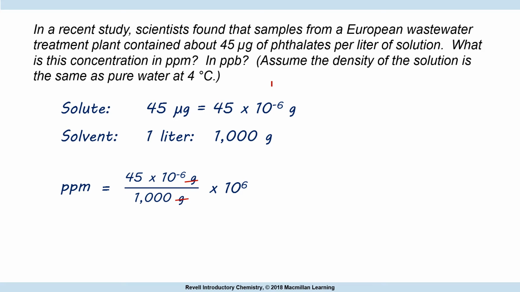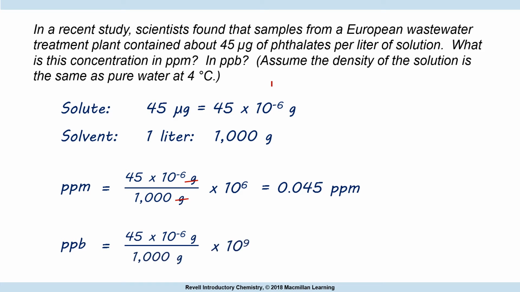The grams cancel out, and there we go, 0.045 parts per million. If we want to find out part per billion, okay, so a part per billion would be times 10 to the 9th, and that would be 45 parts per billion.